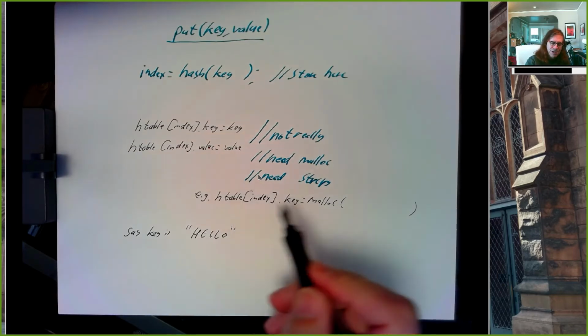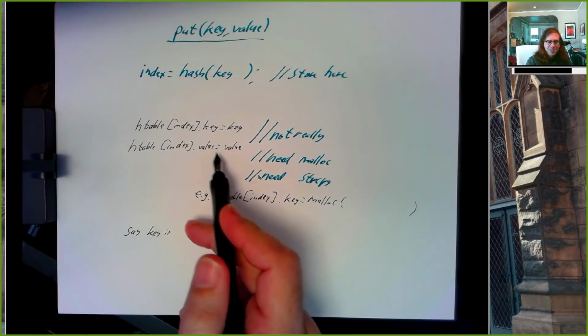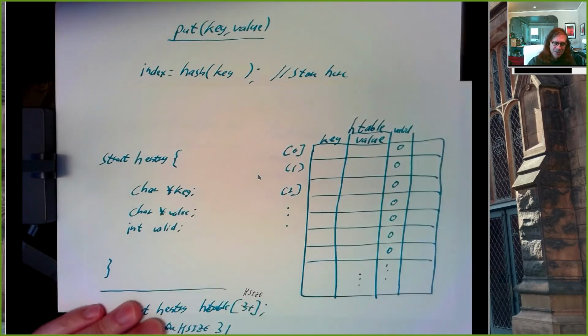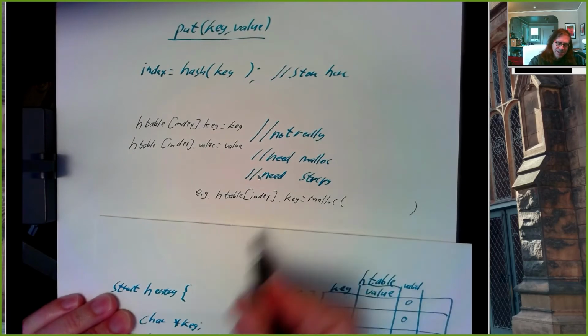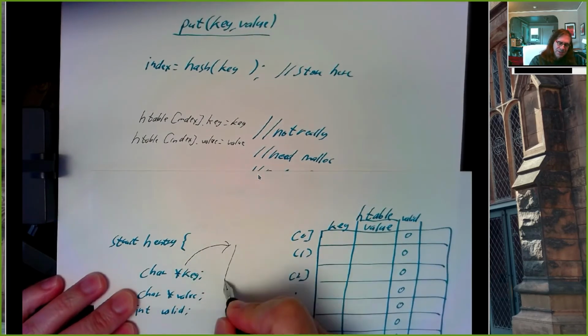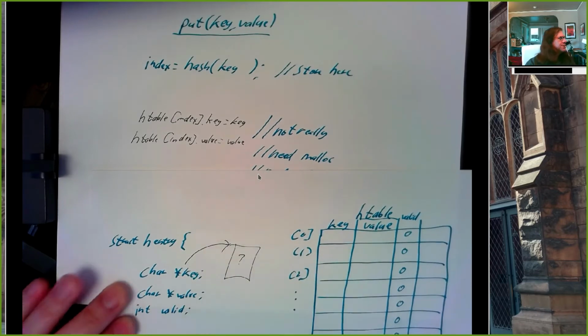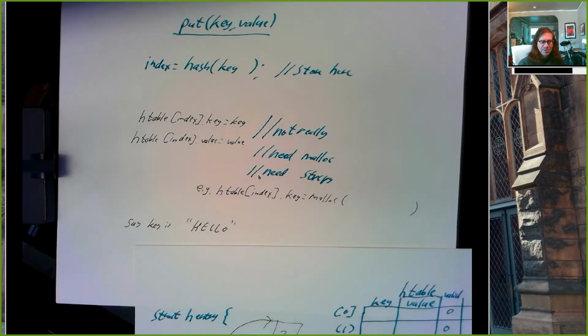And I'm going to copy this string into htable at some index dot key, which is a char star. So we're saying htable some index dot key equals, we're going to try to have this point to some location in memory. How big does that location have to be if my key is hello?